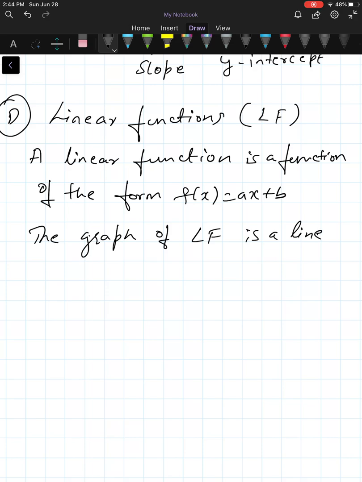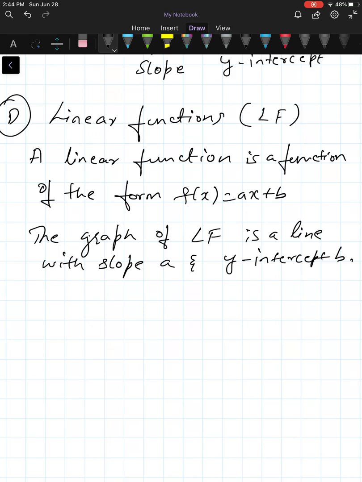It is basically a straight line with slope a and y-intercept b.